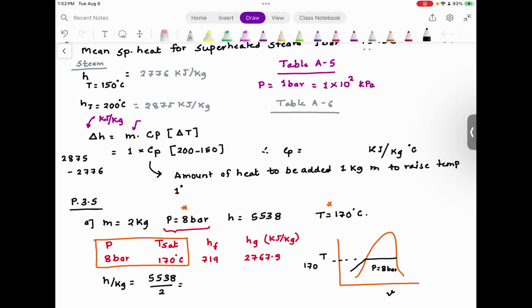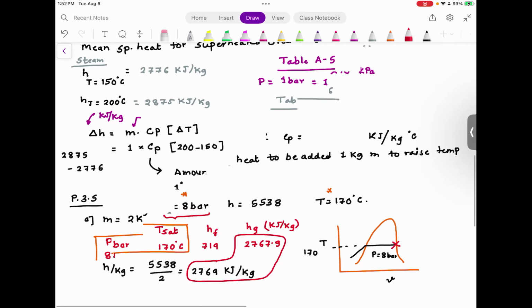So what is the value of 5538 divided by 2? 369 kilojoules per kg. Now in steam tables, approximate values are okay. Can you see that this value is close to the value that is given to us? Which means I can say that this is this point.